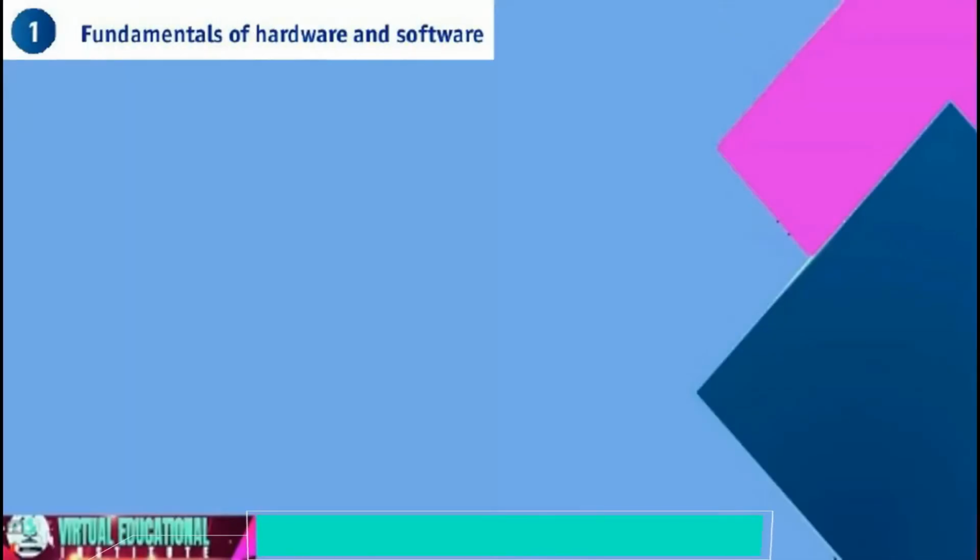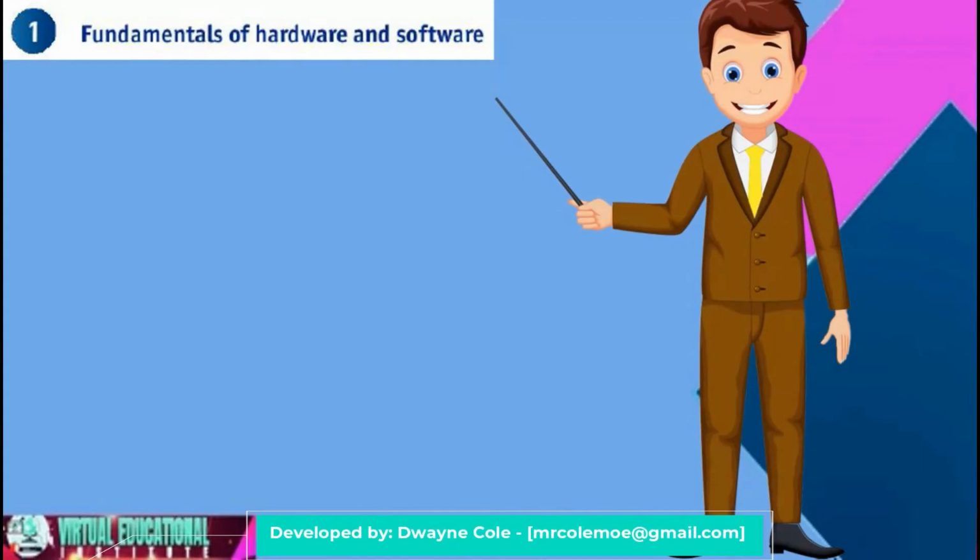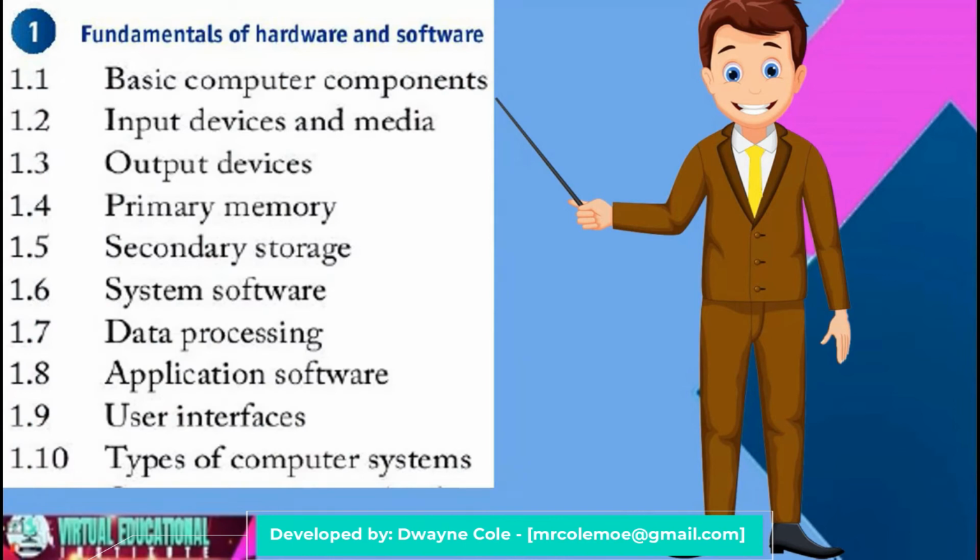Now, we will be covering a series of topics, and of course, the first section that we'll be looking at is fundamentals of hardware and software. And in covering the fundamentals of hardware and software, we'll be looking at the various subtopics. Subtopic 1.1 Basic Computer Components. Subtopic 1.2 Input Devices and Media.